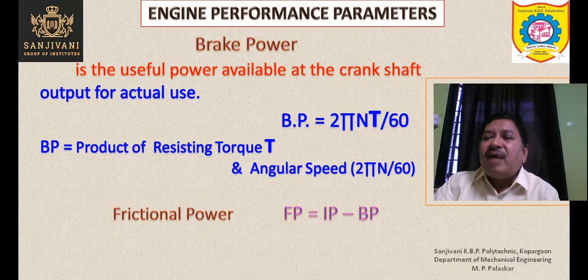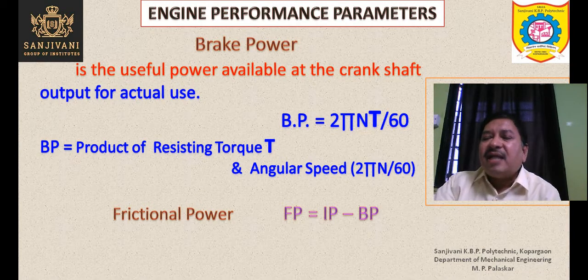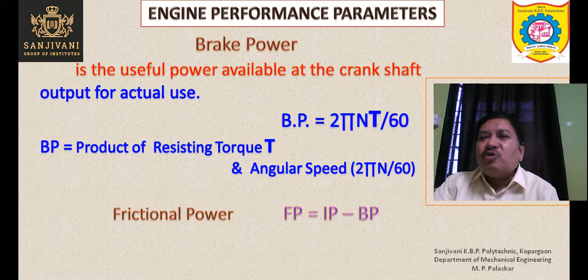Some power is required to drive the accessories. There are some accessories in the engine. We have to charge the battery, and the battery is driving certain accessories, maybe the music system, and there are so many other accessories present in the engine.